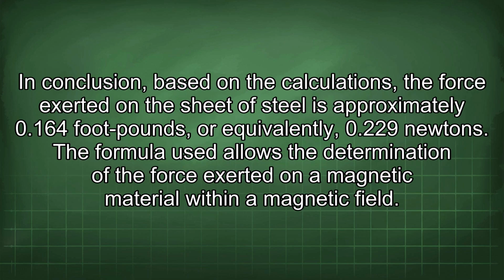In conclusion, the force exerted on the sheet of steel is approximately 0.164 foot-pounds, or equivalently 0.229 newtons. The formula used allows the determination of the force exerted on a magnetic material within a magnetic field.